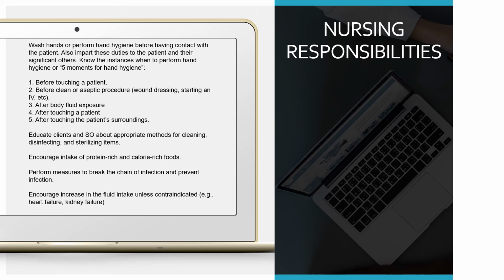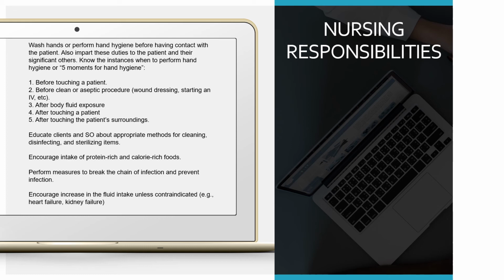Next nursing responsibility is to perform measures to break the chain of infection and prevent infection. The following methods help break the chain of infection and prevent conditions that may be suitable for microbial growth. Number 1. Change dressings and bandages that are soiled or wet. Number 2. Assist clients in carrying out appropriate skin and oral hygiene.